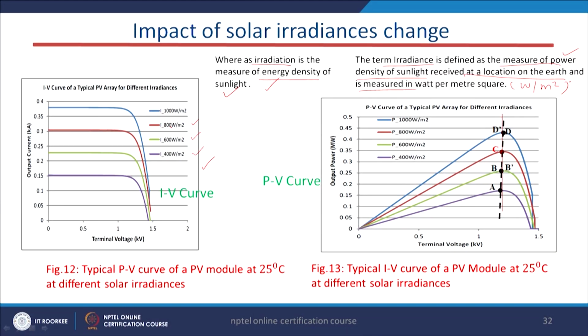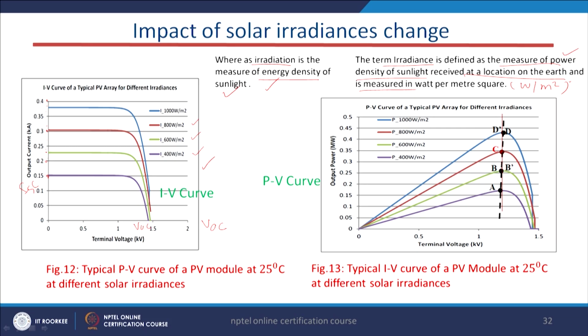Now, if this irradiance increases from 400 watt to 1000 watt, that means my short circuit current level will keep on increasing, and however, here the open circuit voltage VOC, this is our VOC and these are my short circuit current positions.